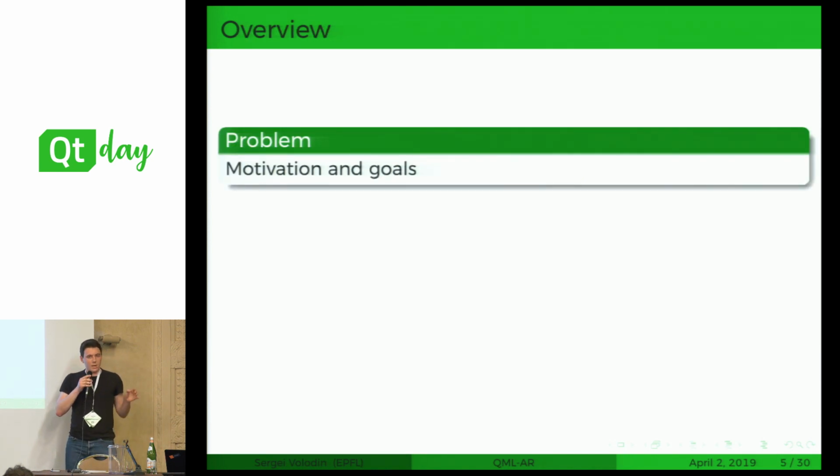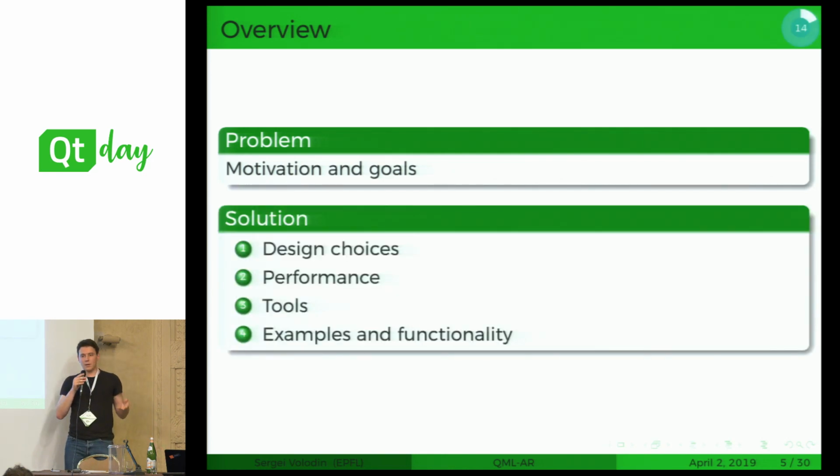So my talk will be 45 minutes. We'll talk about some motivation and goals. We did that. And then later I will talk about design choices that we make and about the performance and tools.